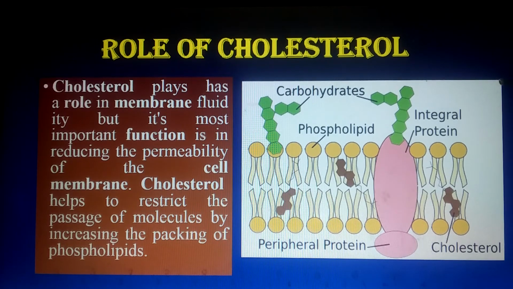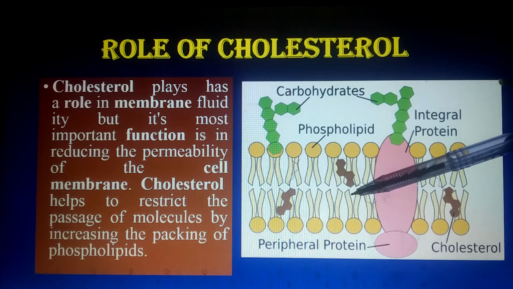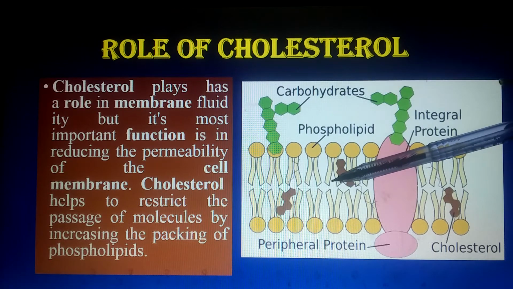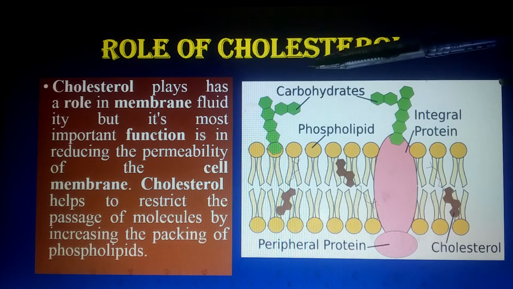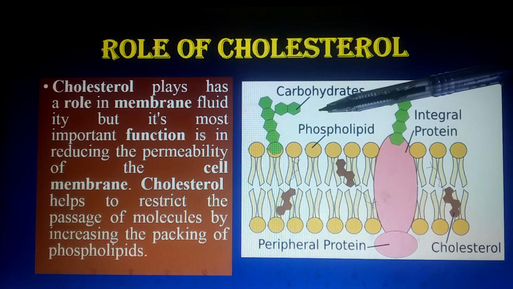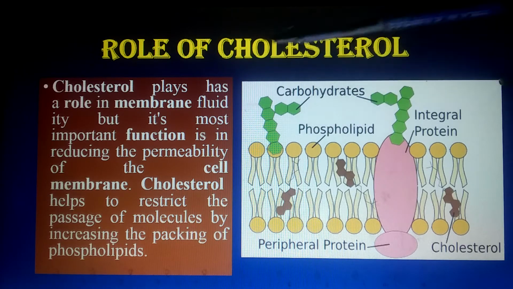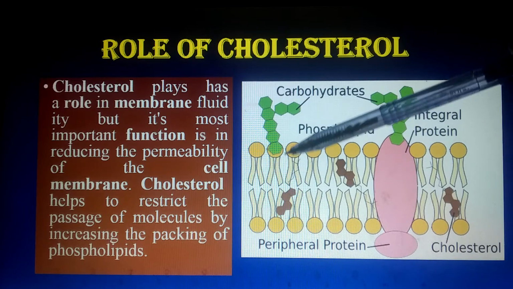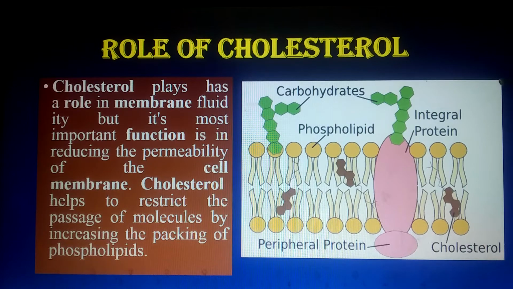So it provides stability to the cell membrane by packing the phospholipids. It also helps in fluidity, and it also helps in permeability, meaning reducing the permeability. Is it clear?